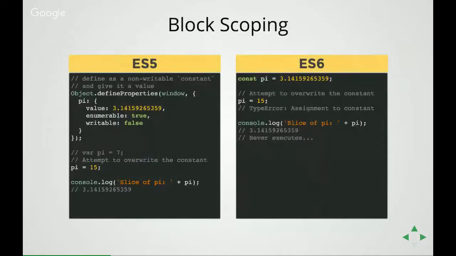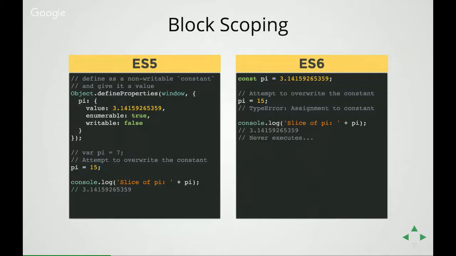So let's talk about constants, which are another block scoped variable type. In ES5, if we wanted to declare a constant, something that we couldn't overwrite later, we would use the define properties function on the global object to create the variable. And each variable you declare has a number of properties: enumerable, writable, readable.